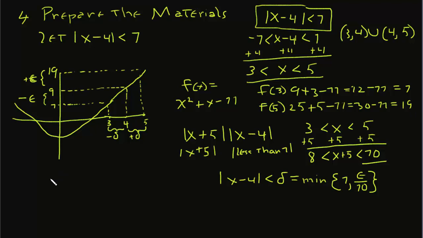That's what we mean by the limit as x approaches 4 of x squared plus x minus 11 equals 9, and we rewrite this as the absolute value of x squared plus x minus 11 minus 9.